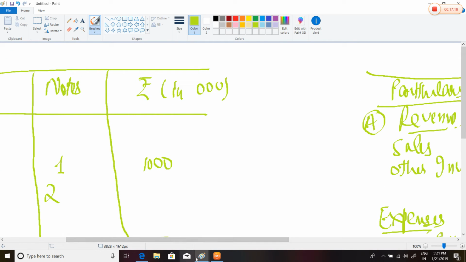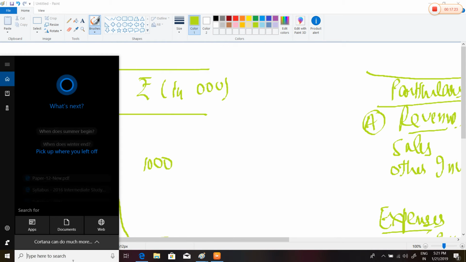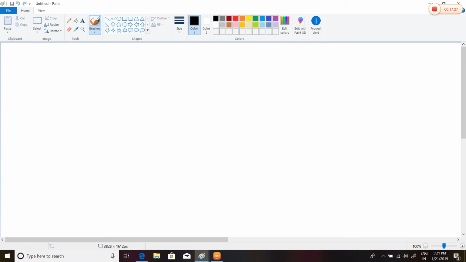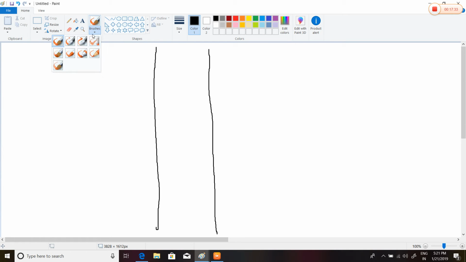No space. Okay, never mind, let's open a page. As I am counting here, the asset side of the balance sheet. Assets.